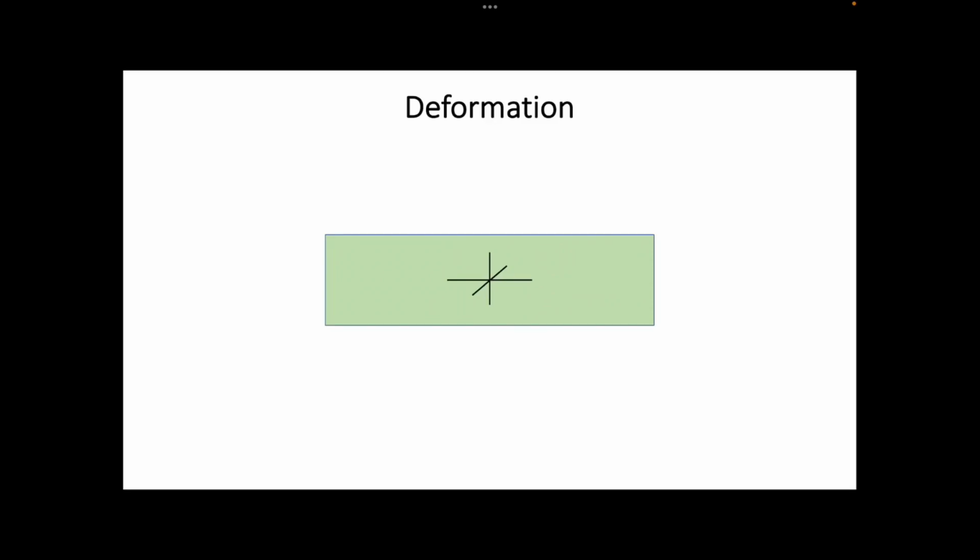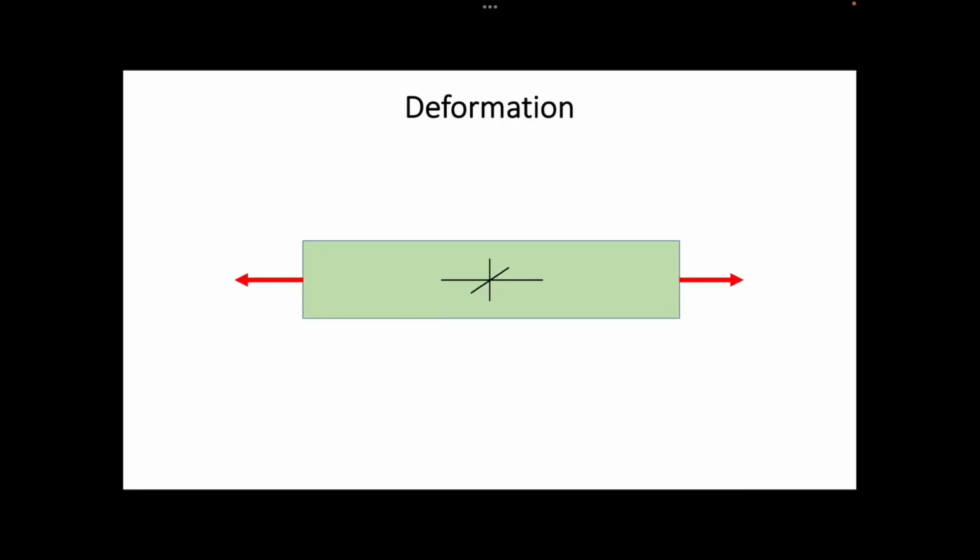Now, when an axial load is applied at the two ends of the bar, we will observe the following. First, when the loading is applied, the bar changes its shape and dimension. In engineering, such change is referred to as deformation.